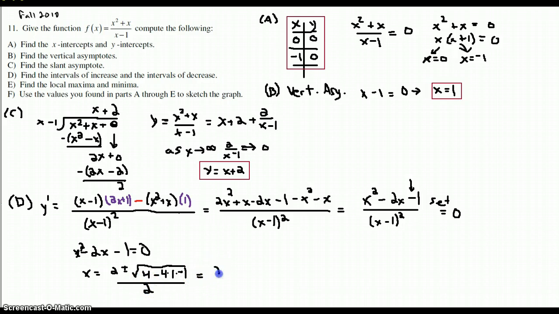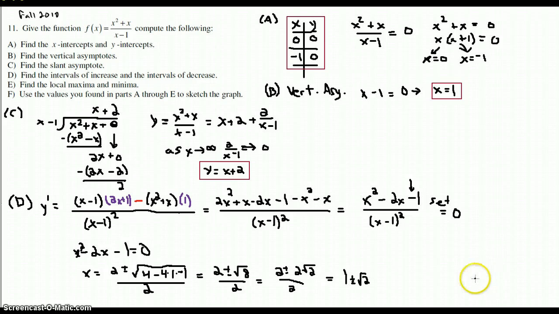And so we get 2 plus or minus the square root of 8 all over 2. And we recognize 8 underneath the square root as 2 roots of 2. And so we can cancel these 2's and have that x is 1 plus or minus the square root of 2.